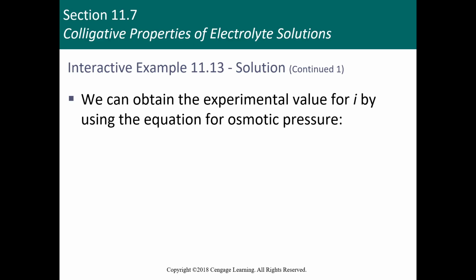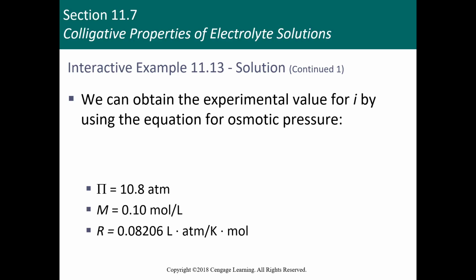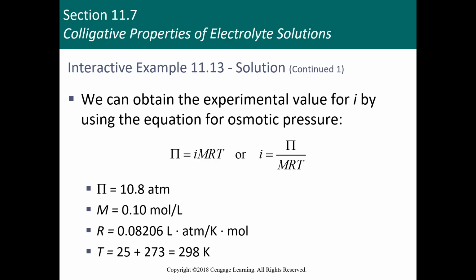The next thing we're going to do is use our equation and calculate our Van 't Hoff factor. We're going to take our equation and solve it for i, and that's what this is right here. We plug our experimental value in, which is 10.8. M is this value right here, 0.1. R is, of course, the constant R. We had 25 degrees Celsius, so that's 298 Kelvin.